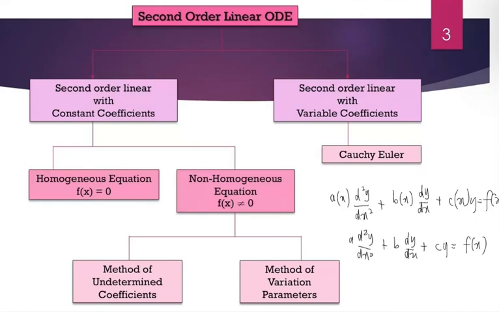We call that method the Cauchy-Euler method. Okay, so for today, I would like to focus on the first method, which is our second order linear with constant coefficient, which is the homogeneous equation. The homogeneous equation means f(x) equal to 0.